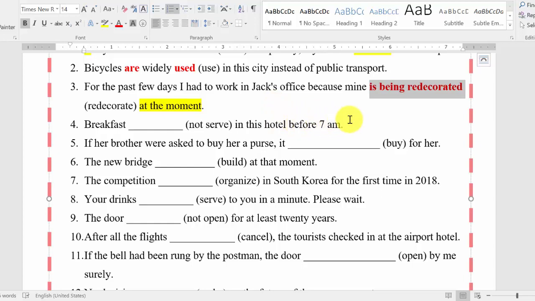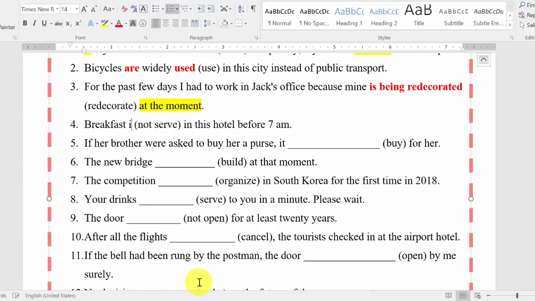Okay, before 7 a.m. is actually not your keyword. This sentence is describing their rules. They're telling you their rules: the breakfast in our hotel is not served before 7 a.m. So your answer should be simple present tense. Simple present tense passive form is am/is/are plus PP.